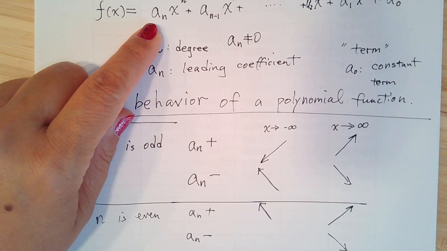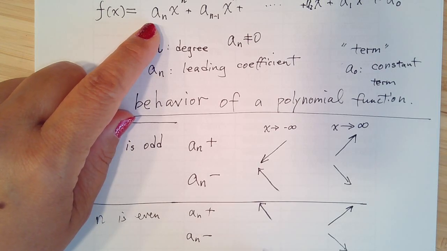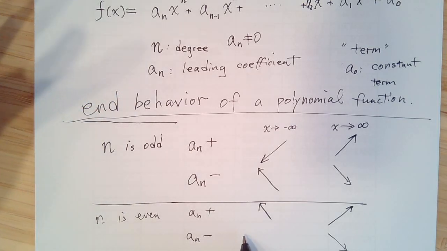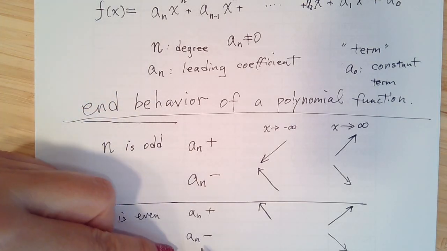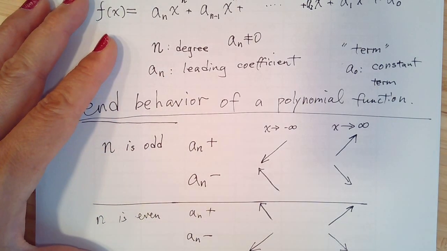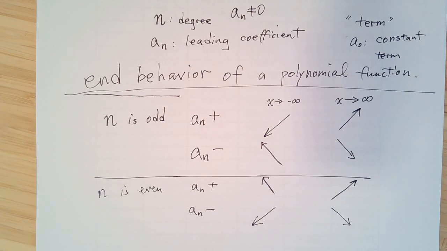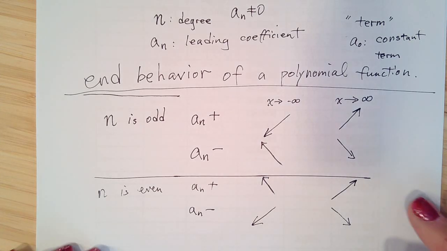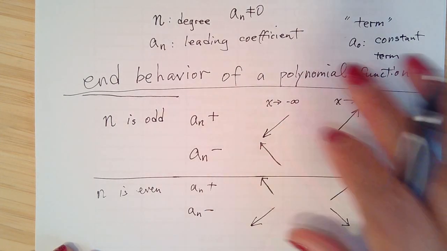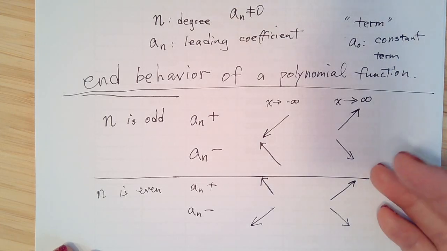Okay, and very similar thinking when n is even and x is negative: you get a negative to the nth power, which is going to be positive, but the leading coefficient is negative, so it goes like this. So this is called the end behavior of a polynomial function. Without knowing exactly the value, you can tell what the function looks like by this.